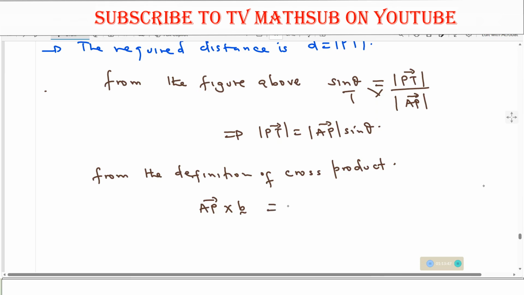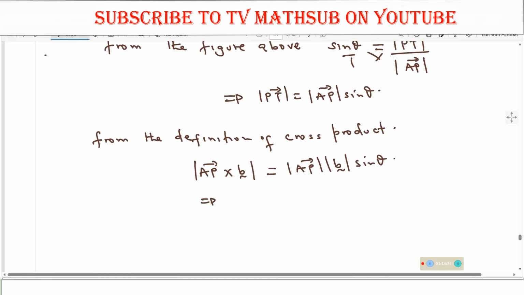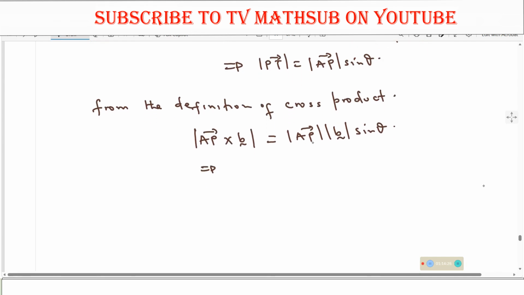This is the same as the magnitude of AP times the magnitude of vector B sine of theta, isn't it? Yes. By definition of cross product, we can write this. But since I'm interested in length, I want to have this as a magnitude as well. So the magnitude of AP cross B equals that. I want to make AP sine theta the subject.